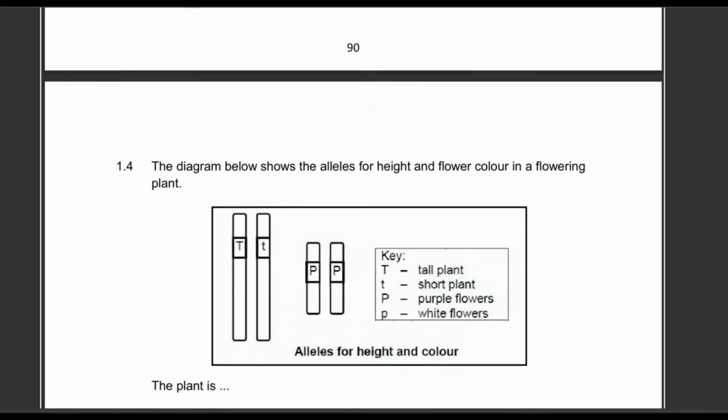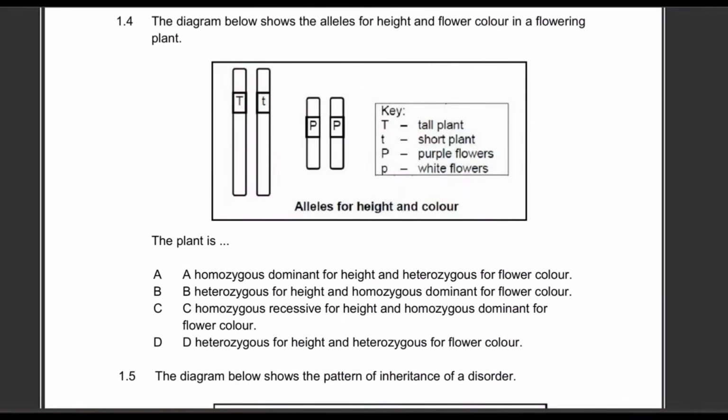Okay. Then 1.4, the diagram below shows the alleles for height and flower color in a flowering plant. So this is basically all the alleles information for a flowering plant. This one is for height and this one is for the flower color. So that means this particular flower is tall because this is heterozygous, right?